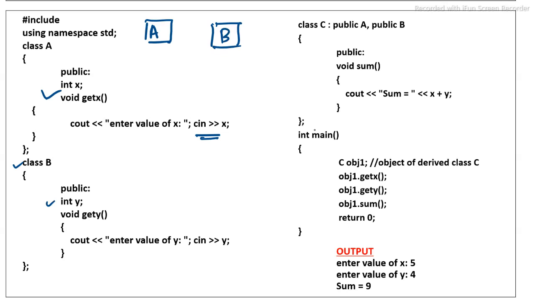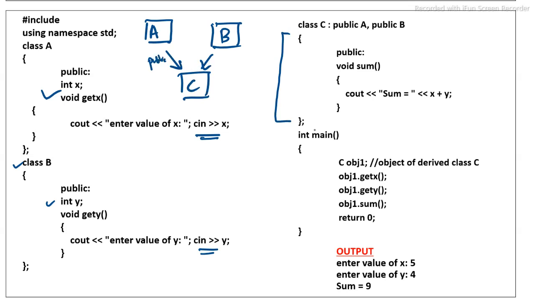Get y is taking input from the user using the cin statement. Look here, another class C is being derived from A and B publicly.